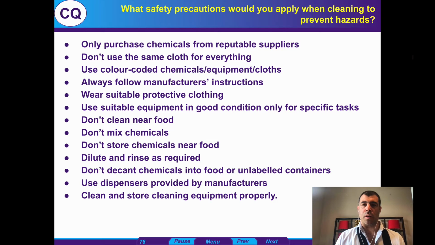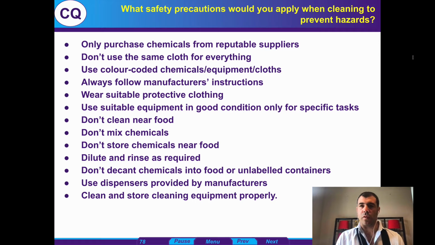What safety precautions would you apply when cleaning to prevent hazards? Cleaning can introduce a new set of hazards which we need to control. First of all, we need to purchase chemicals from reputable suppliers. I insist on reputable suppliers throughout the course, but this is super important.